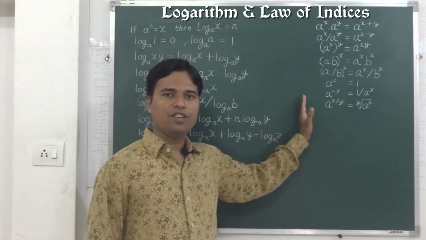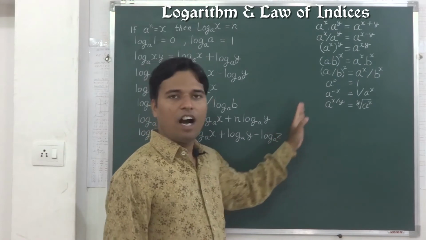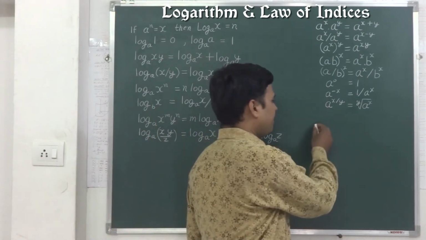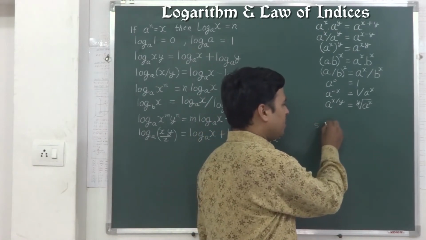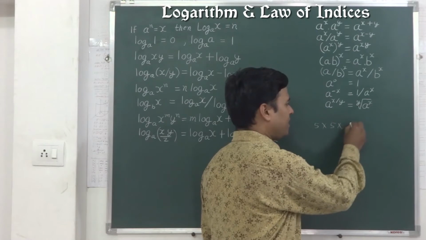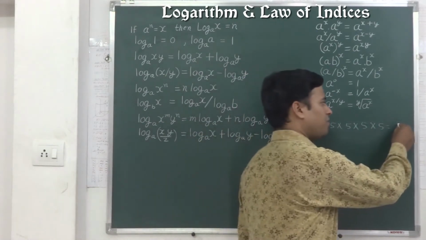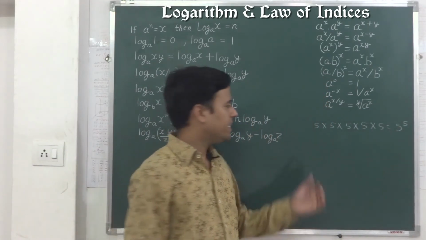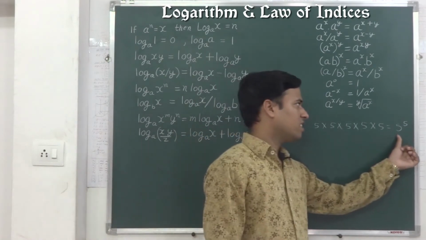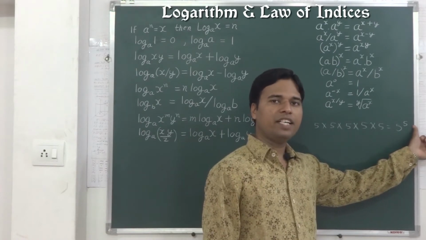This is a method for showing some number in another symbol, in which if you want to show 5 multiplied with itself 5 times, then you can write it as 5 power 5. Dear students, here the power 5 is also known as exponent, or indices.